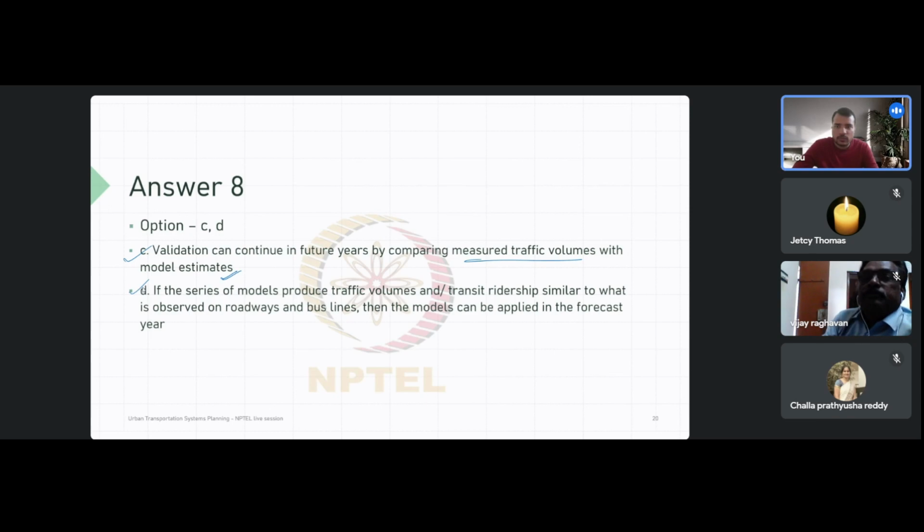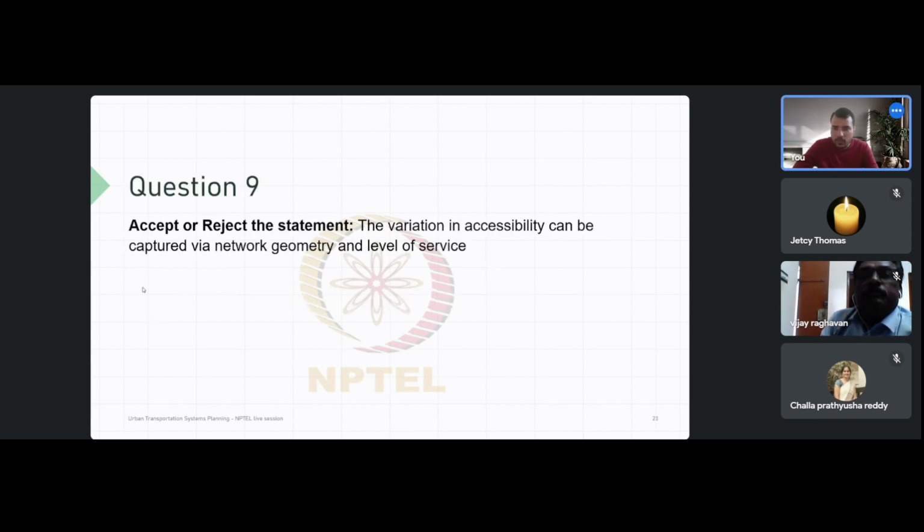So we'll move on to the next question, which is question number 9. This is a simple true or false, accept or reject type of question. We have the statement: the variation in accessibility can be captured via network geometry and level of service. So accept or reject. Can I quickly have some response for this?